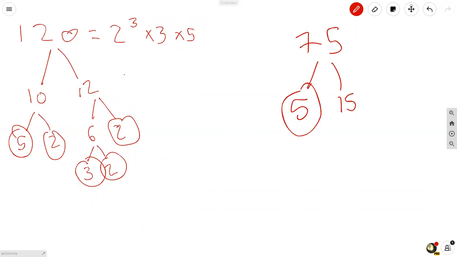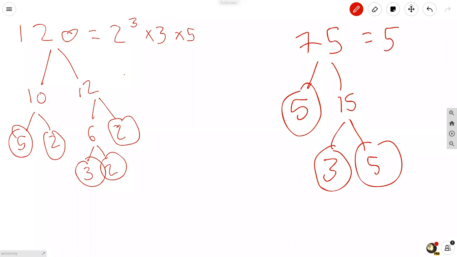Now the 5 is a prime number, but not the 15. So 3 and 5. Is that done? Yes. So 5 squared times 3.